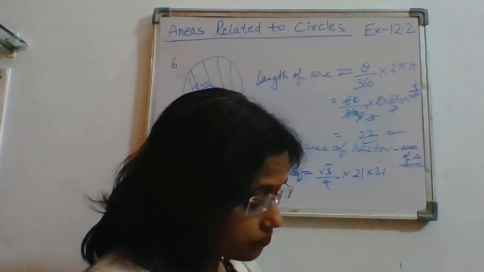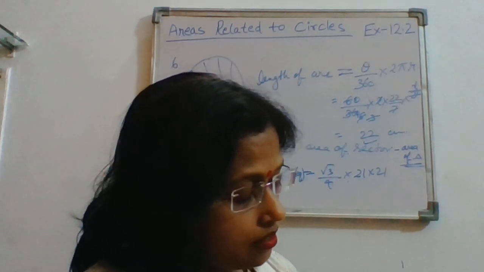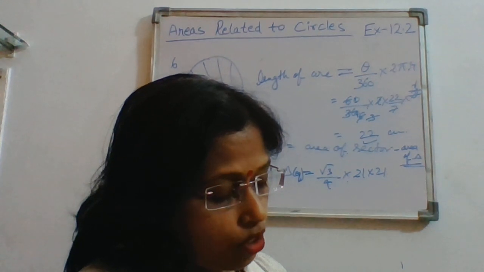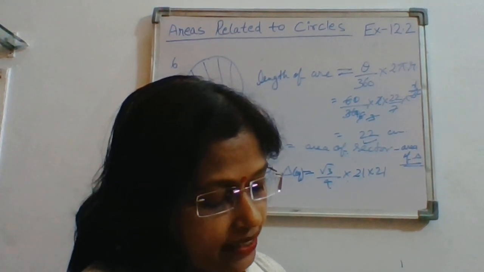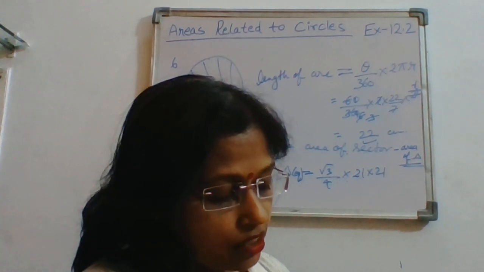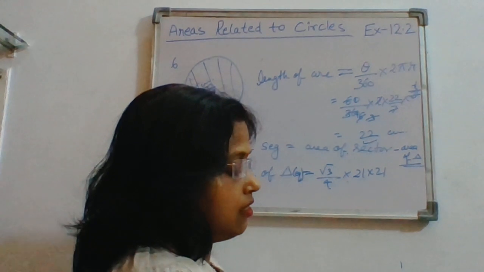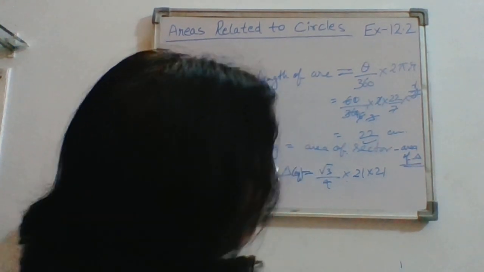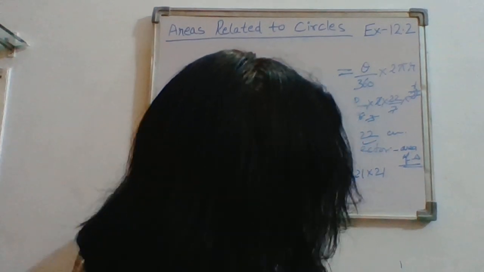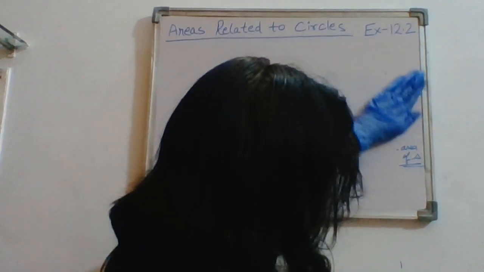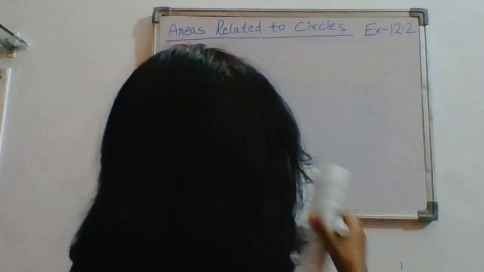Right? Now see the next question. A chord of a circle of radius 12 centimeter subtends an angle of 120 degree at the center. Find the area of the corresponding segment of the circle. Question number 7. See very carefully, because now the central angle is not 60, 30 or 90. Now the central angle is 120 degree, right?